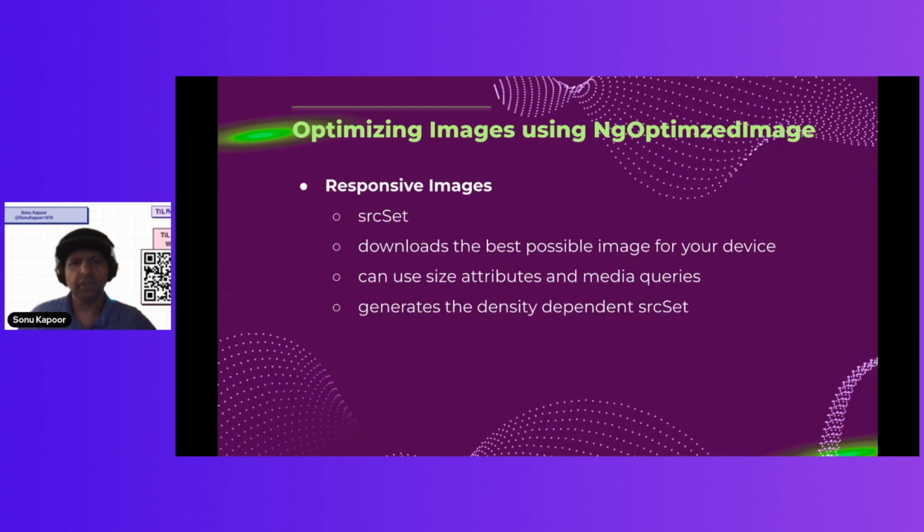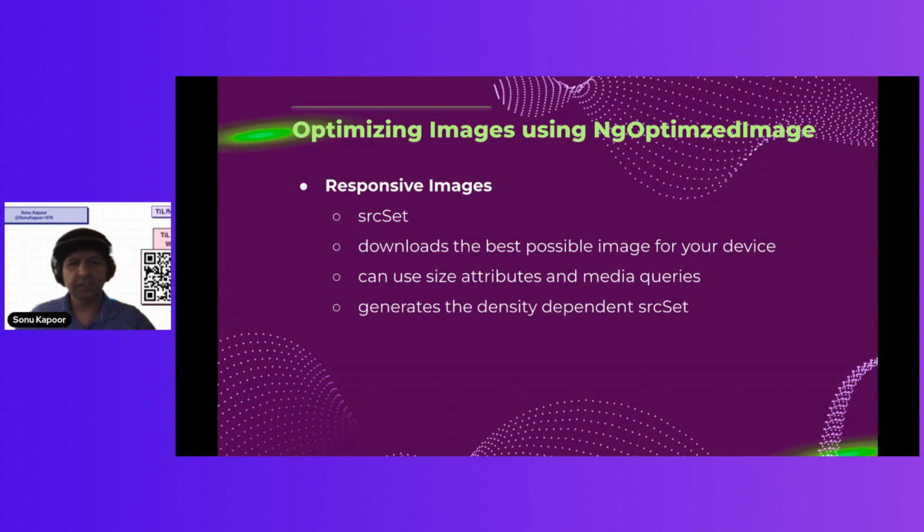So let's talk about responsive images. So the directive supports responsive images out of the box. It will automatically set the srcset attribute that we saw earlier with the necessary information, giving the browser instructions to download the best possible image based on the user's device.